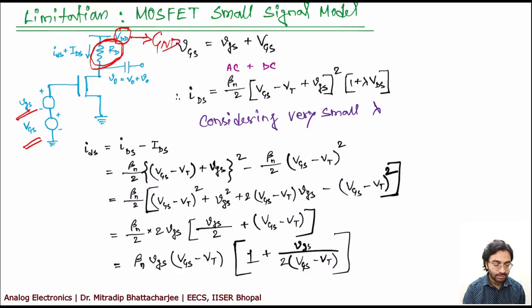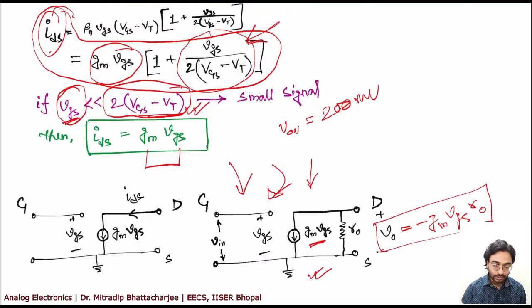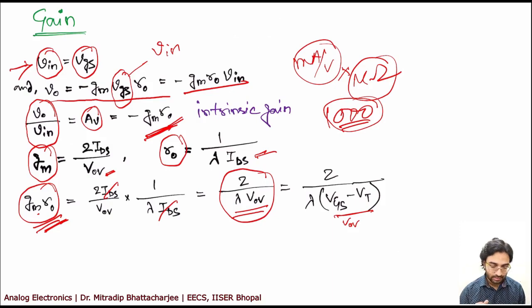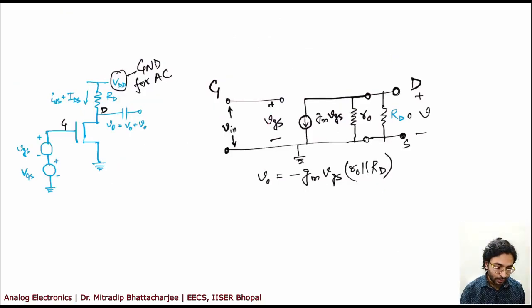So your RD is basically between the drain and ground, because the source is grounded. I think I have a slide for that. Yes, here. So this is drain, this is gate, this will be source. So between drain and ground, this is for AC, there will be RD.